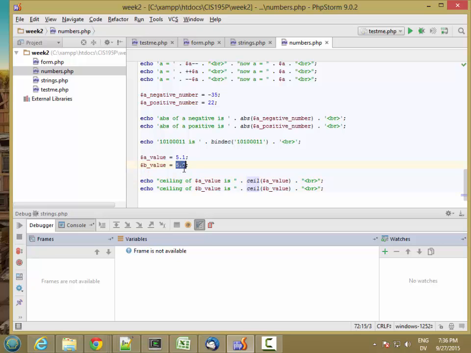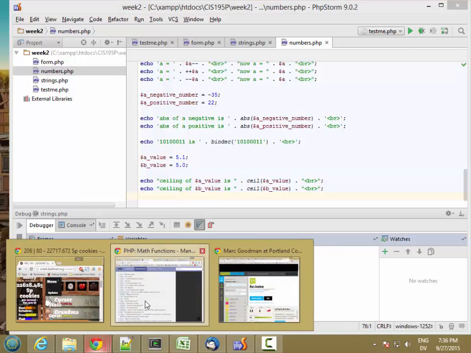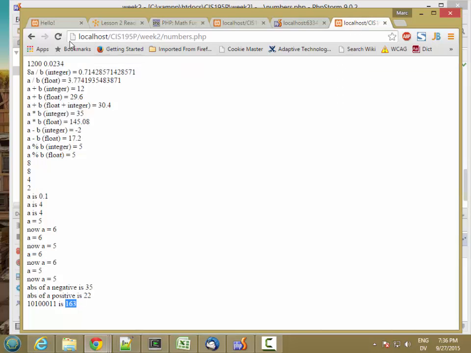So the smallest whole number that's equal to or greater than b is 5, and the smallest whole number that's equal to or greater than a is 6. So ceiling of a val is 6, and ceiling of b val is 5. And you see we get the integer coming back.